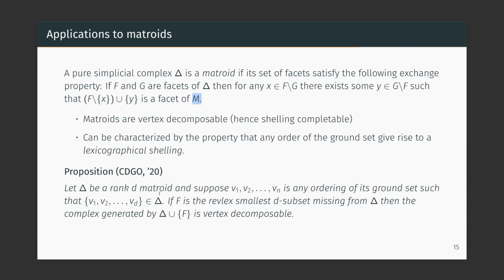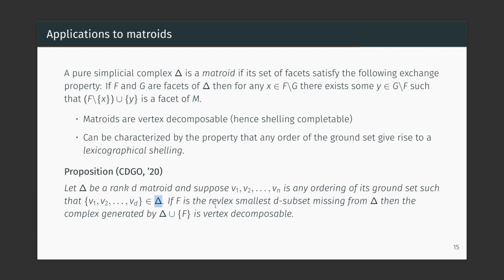Our proposition says that if you give me a rank D matroid, my matroid is a collection of D-subsets, and you give me any ordering of its ground set with the property that the lex first subset is in there, then if you take the rev-lex smallest subset that's missing, that will always be vertex decomposable.